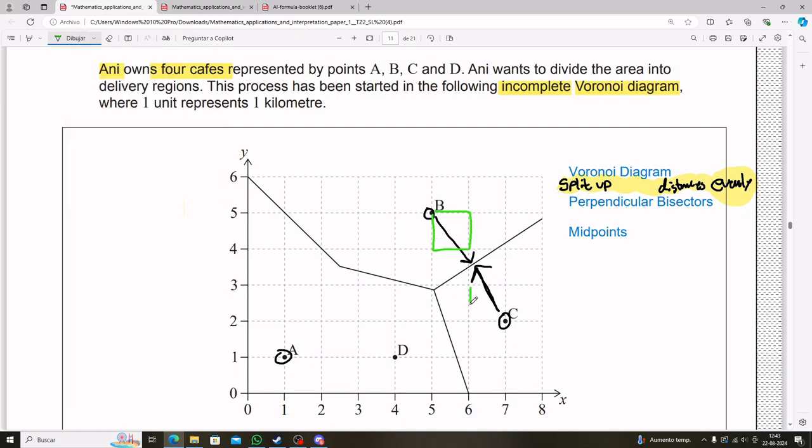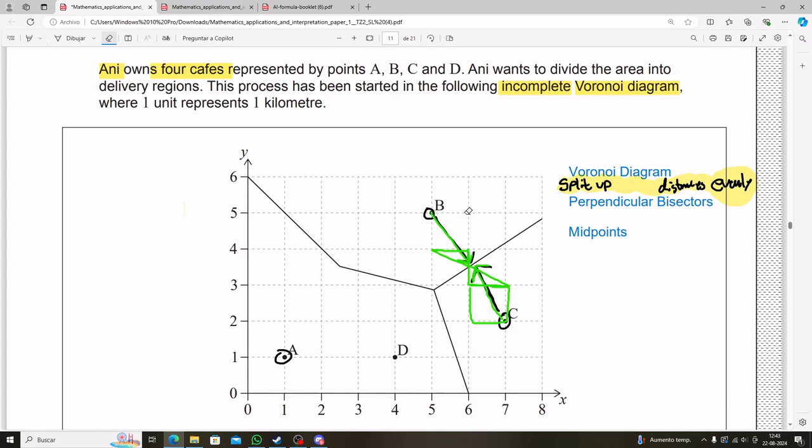And then it fills up a little bit of the next, right? And so if you look at that, this distance right there is the same as this distance right here. And that's the whole point of the Voronoi diagram. That is why you use it in the first place. It helps you figure out how these distances work, yeah?